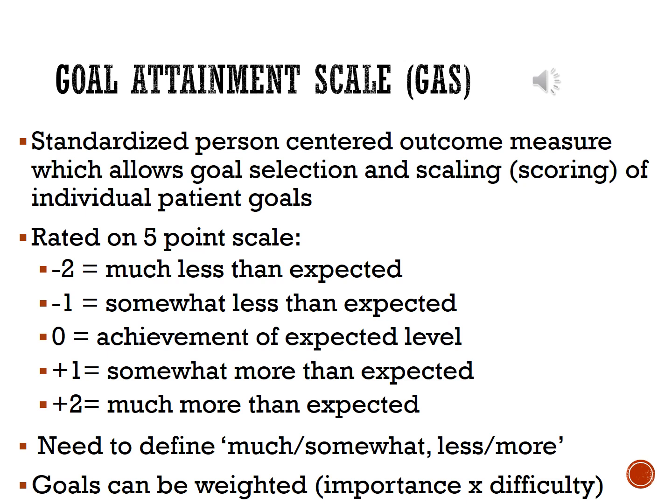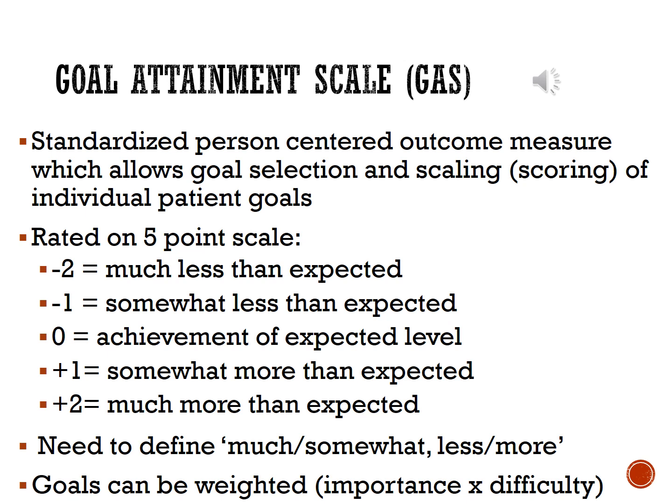Now, you do need to define what much, somewhat, less, or more means prior to completing the goal attainment scale, because if you don't have operational definitions of what those words mean, then this tool would be invalidated.